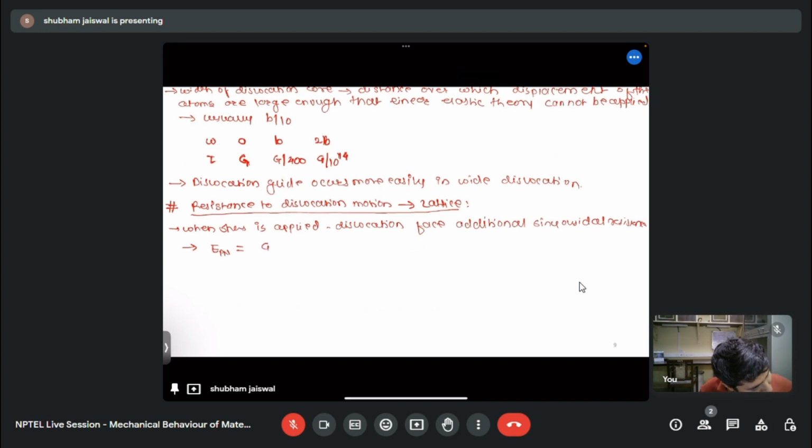It is given by GB squared pi upon 1 minus mu, exponential of minus 2 pi W by B. And the shear stress, that is the Peierls-Nabarro stress, is given by 2G upon 1 minus mu, exponential of minus 2 pi W by B, where W is the width of a dislocation core.